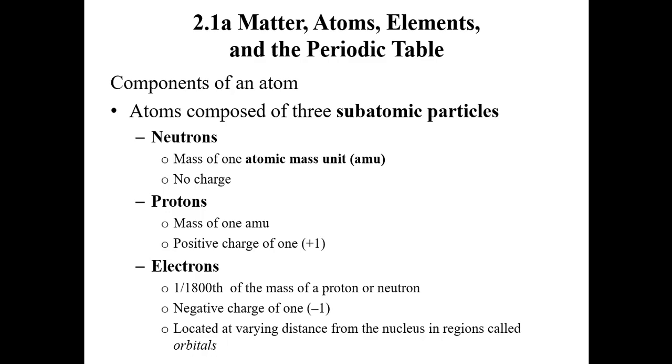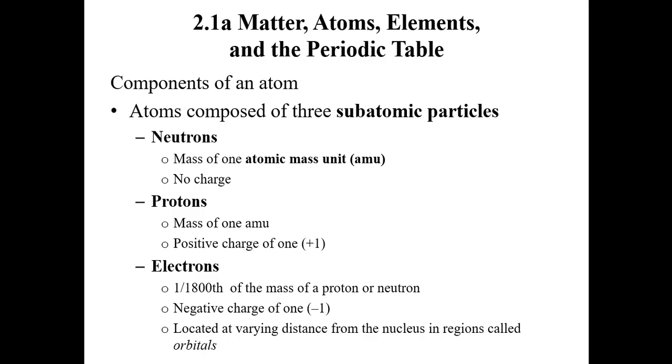Now every atom has what's called subatomic particles. They're made out of neutrons, which have no charge, made out of protons, which have a positive charge, and they're made out of electrons, which have a negative charge.